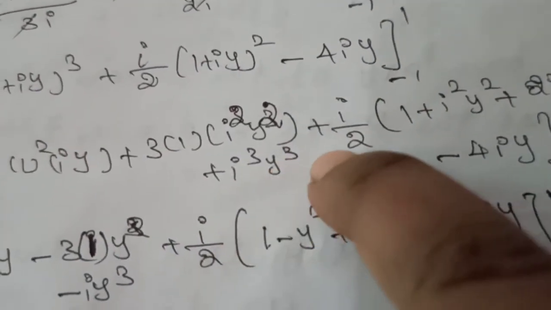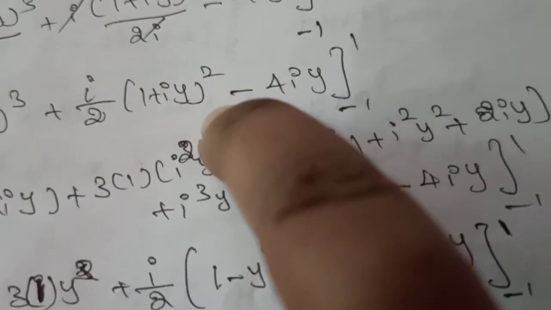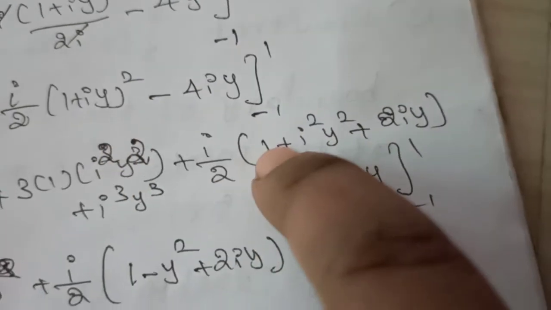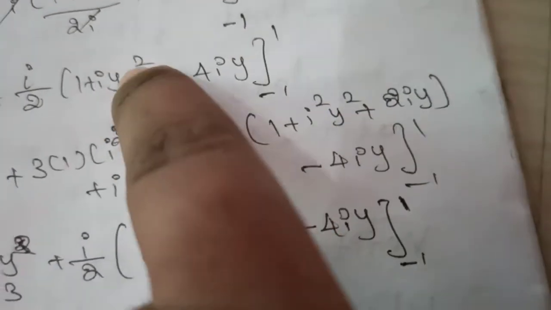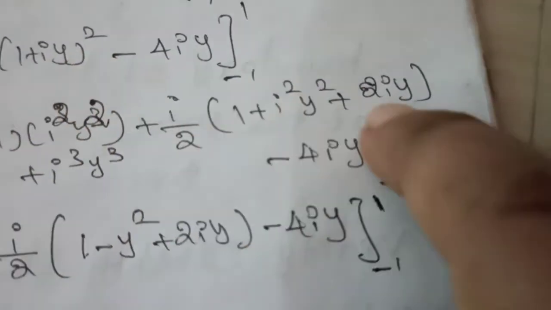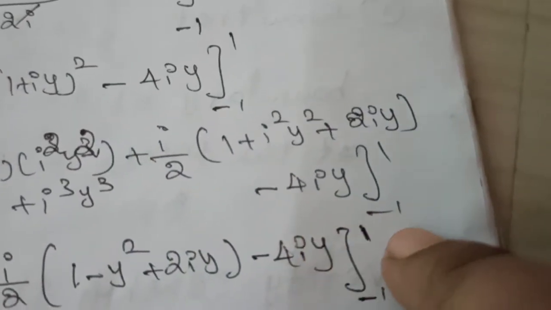Plus i by 2 times (a + b) the whole square, applying the (a + b) the whole square formula: a square, that is 1 square, plus b square, i square y square, plus 2ab, that is 2iy. Minus 4iy, the limits minus 1 to 1.